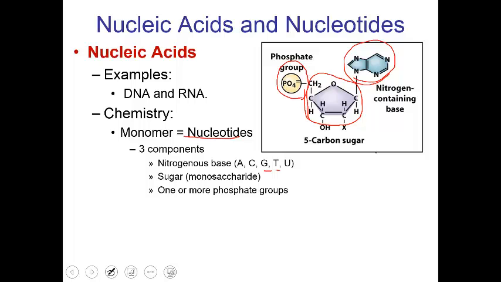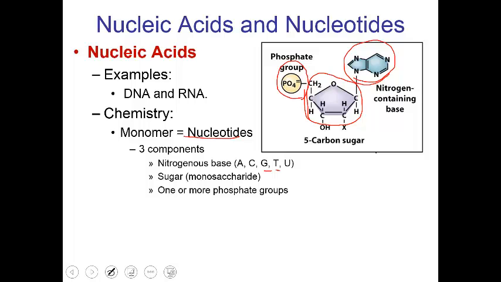According to Chargaff's rule, an adenine can only bind to a thymine. A cytosine can only bind to guanine. You can never have an adenine bind to a guanine or an adenine bind to a cytosine. Always, adenine binds with a thymine. Thymine can only bind with an adenine.